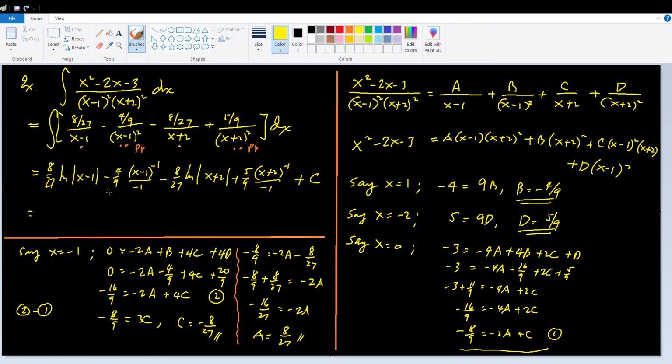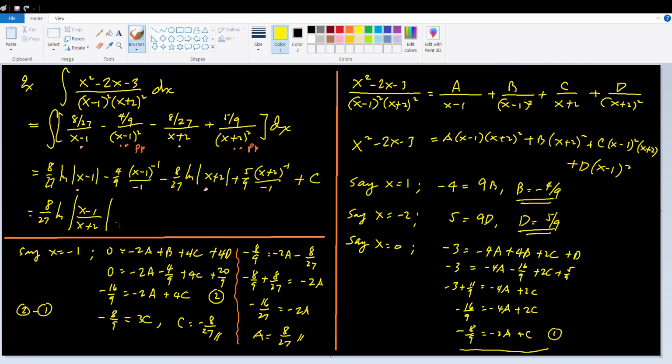So we combine the first and the third as 1 ln and factoring 8 over 27. So ln of x minus 1 over x plus 2, because ln of x plus 2 is preceded by a negative sign. So it should be the quotient.